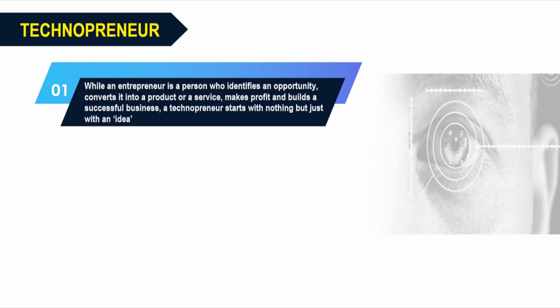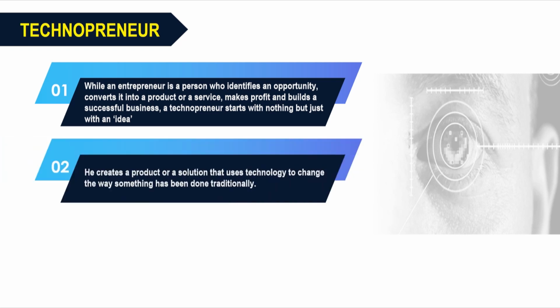Mainly he gets an idea from the society, from the community, and then from there he builds up his business. He defies existing practices and systems and thinks of doing things differently. He creates a product or a solution that uses technology to change the way something has been done traditionally.